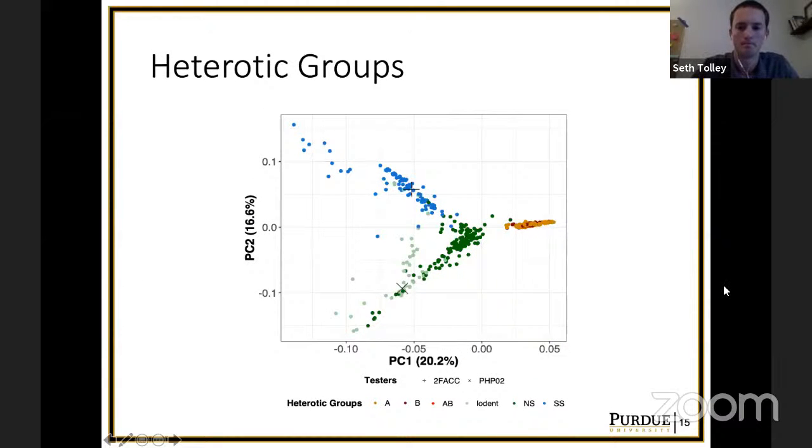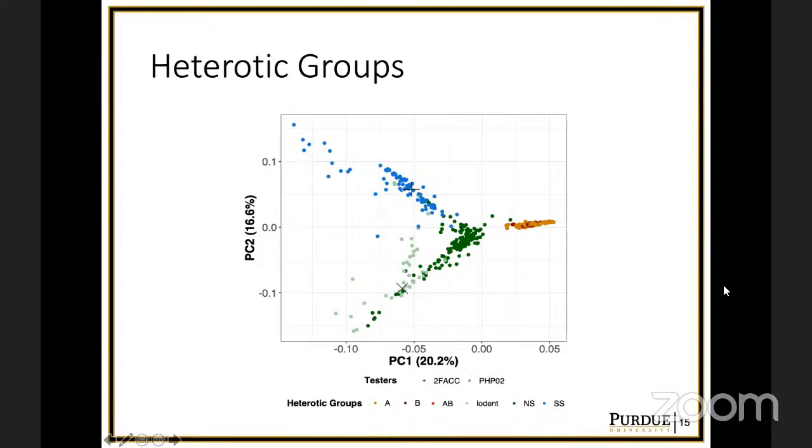And what this graph suggests is that there's more genetic diversity in the temperate germplasm than the tropical germplasm. I was wondering if the appearance of genetic similarity of the tropical germplasm was a function of ascertainment bias and the SNP calling against the B73 genome.